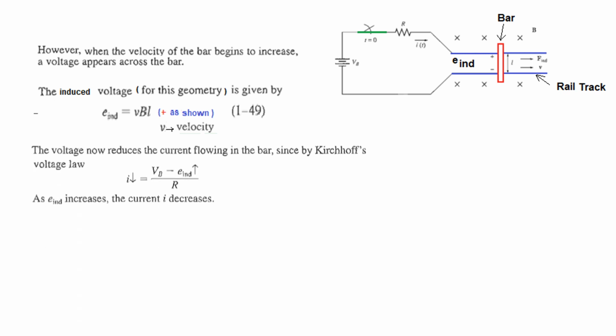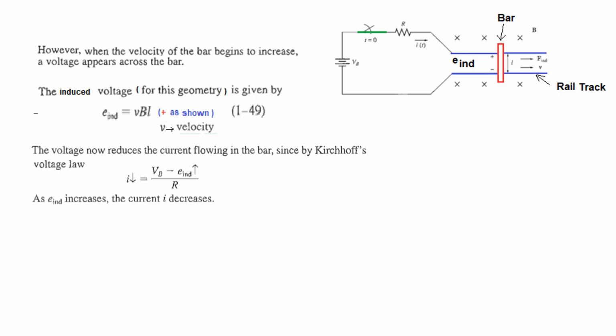And now let's see the current equation. We have seen that the current is given by VB minus E induced over R. As E induced increases because of the movement, this difference will reduce, and at the point when E induced becomes equal to VB, this will become 0, and so the current will become 0.